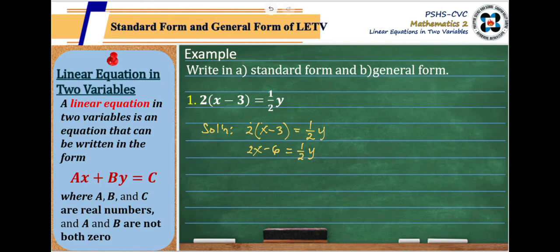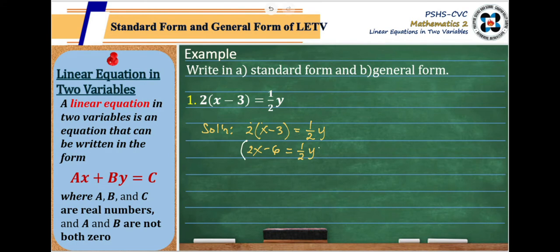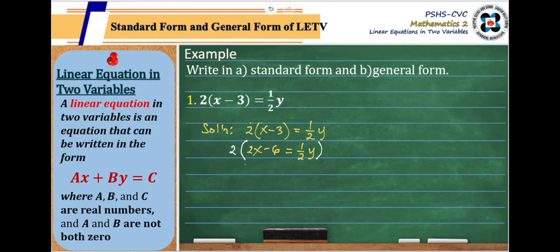Now to get rid of fractions, we can multiply both sides of the equation by the LCD 2. So multiplying both sides by 2, we will have 2 times 2x is 4x, and then 2 times negative 6, that's negative 12, is equal to 2 times 1 half y.